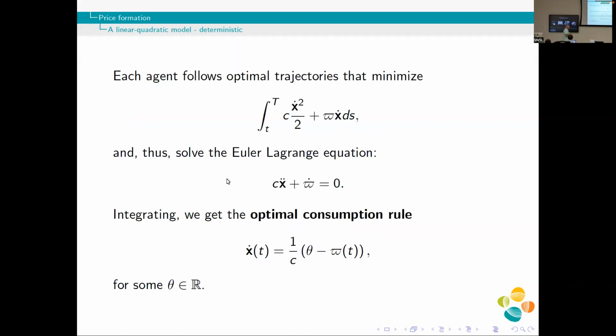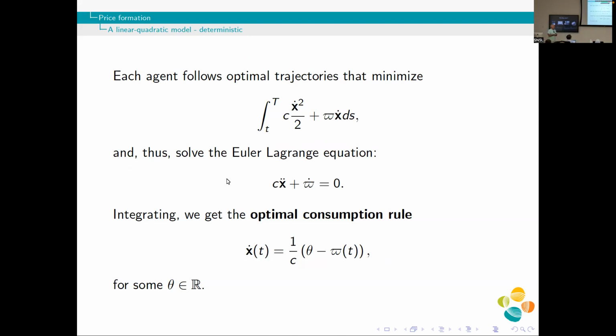And in fact, there is a lot of nice algebra that you can do fairly explicitly. One is this observation that, in this quadratic case, the agents want to maximize their market impact plus costs. Let's say I take 0 terminal conditions to simplify my life. If you look at trajectories that minimize this, they solve the Euler-Lagrange equation, and in fact, you get a very specific trading rule, which tells you essentially what I just said at the beginning.